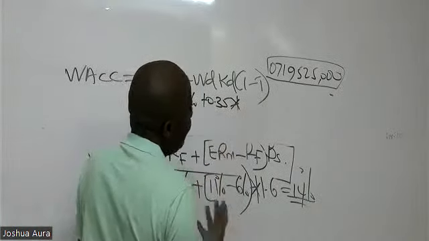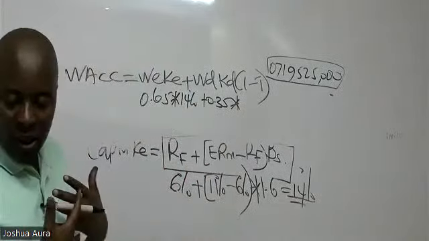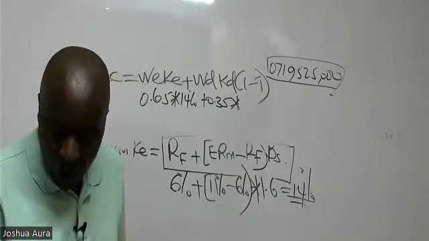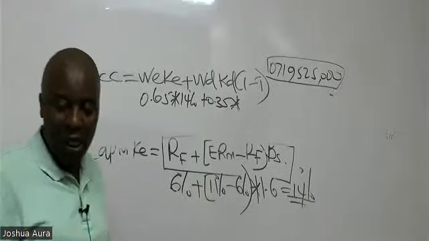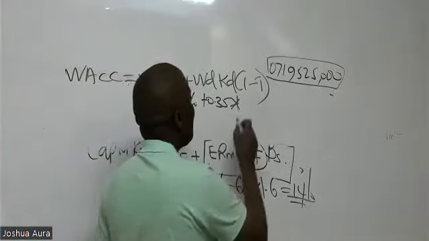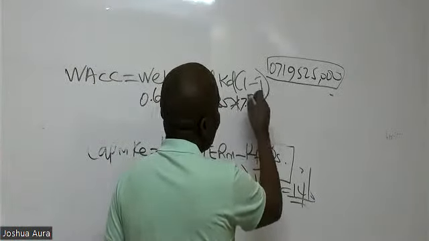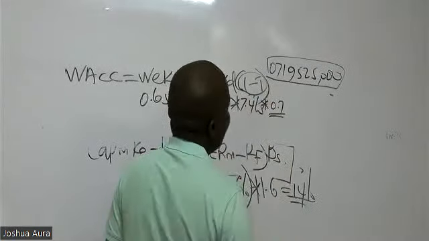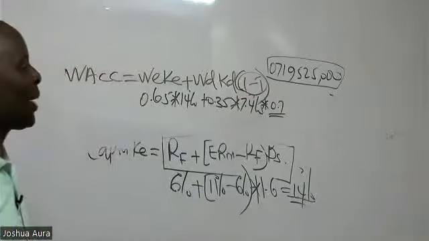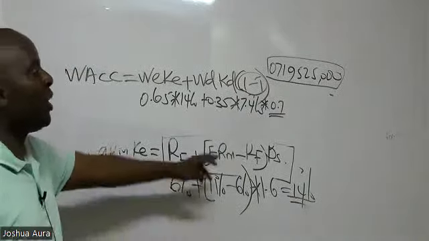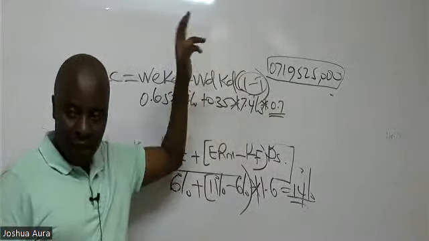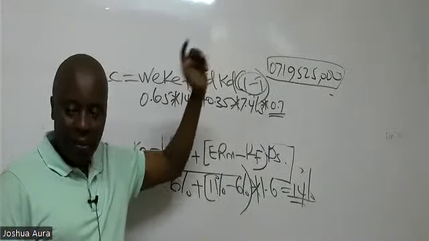Cost of debt has been provided to us in the last paragraph: 7.4% before tax. It means I must adjust it for tax by multiplying this 7.4 with 0.7 that we got earlier on.